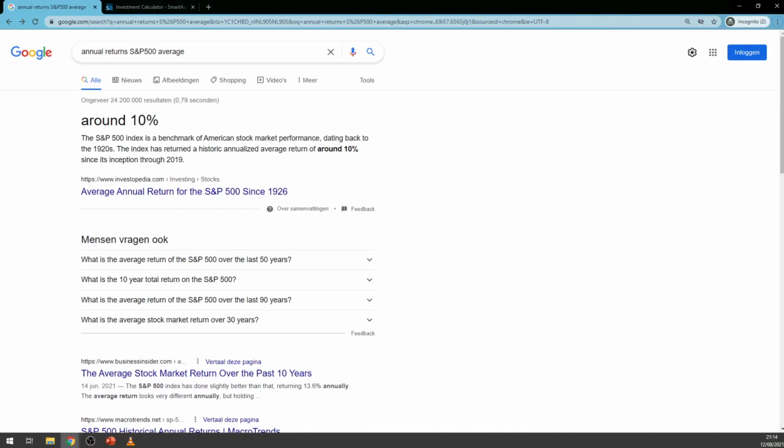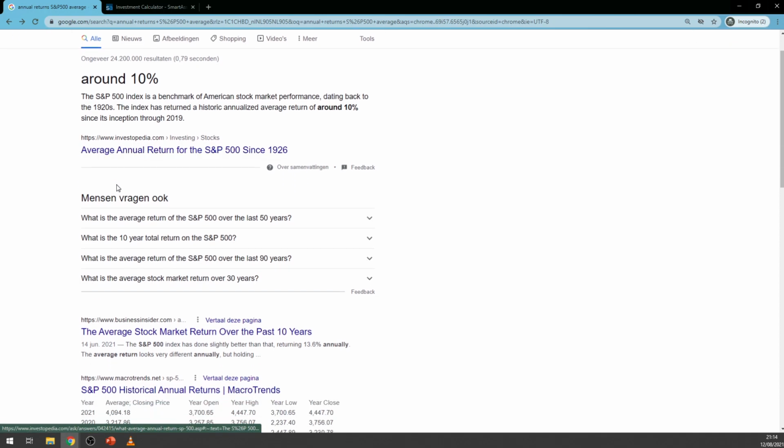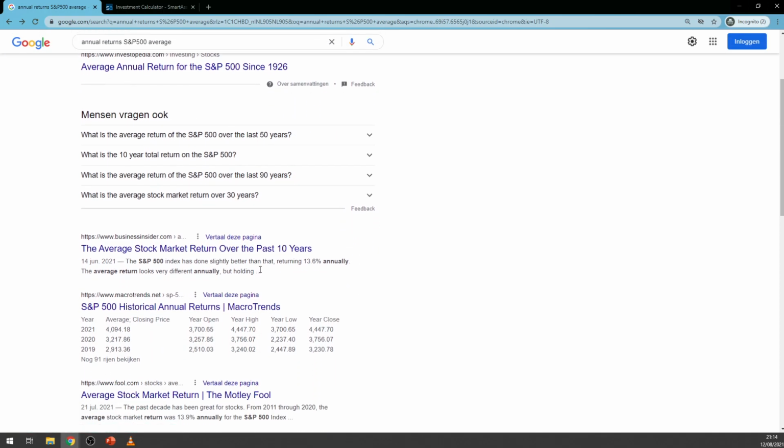And as I promised, I'm quickly going to pull up how you can also calculate this for yourself. So in this case, let's say you're mainly investing in the S&P 500. I've just Googled, very easy, annual returns S&P 500 average. Google is already saying around 10%. Then we quickly look at the first few results. What do we see?